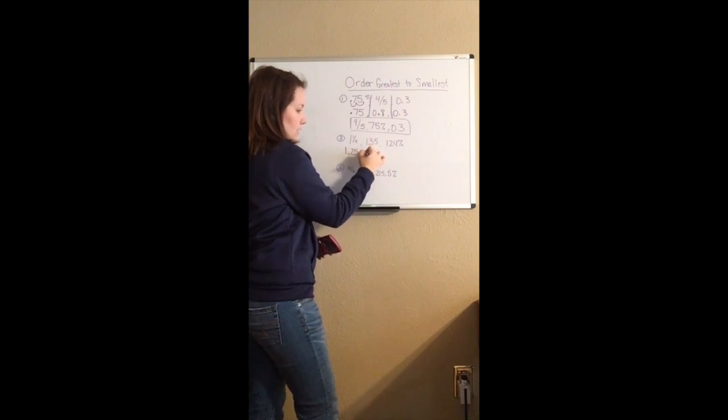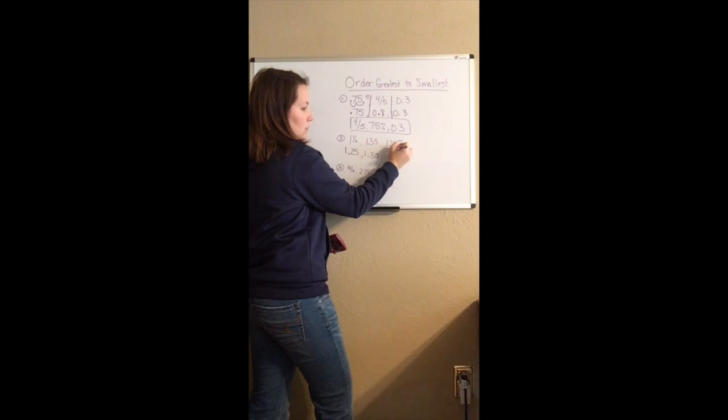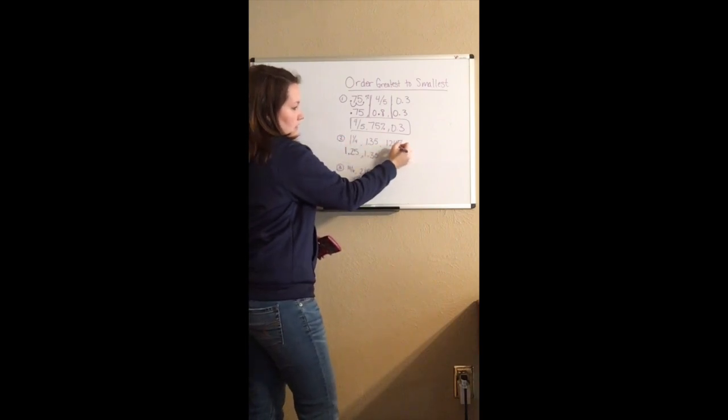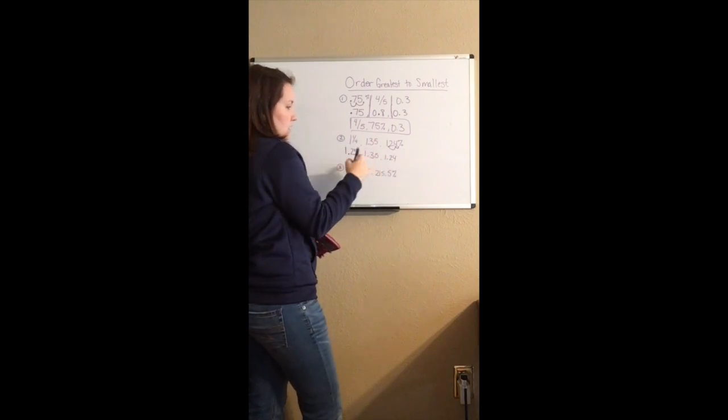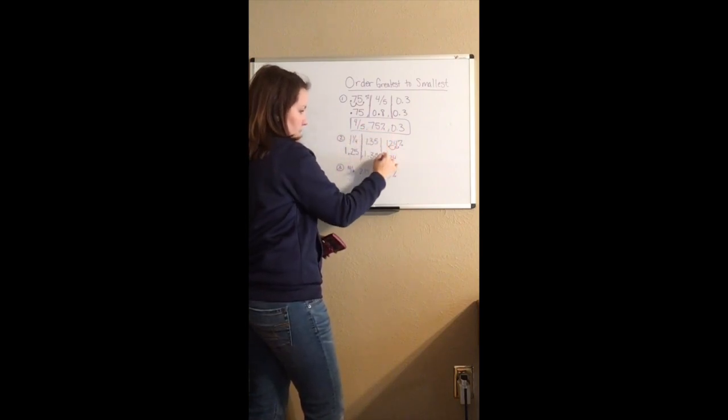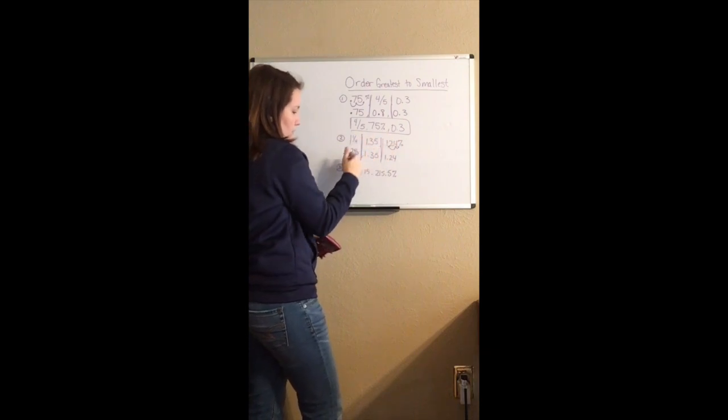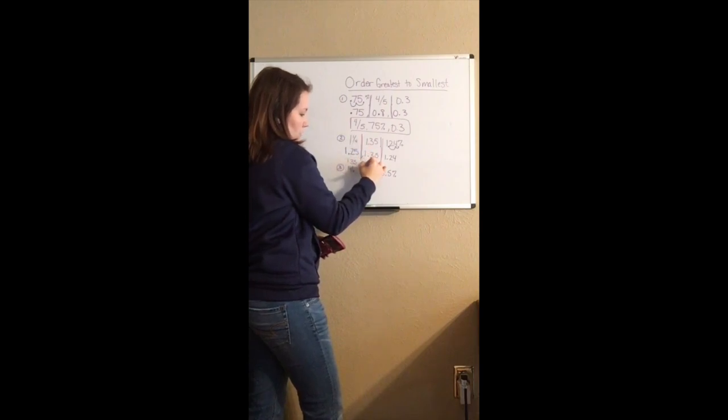I'm going to keep the decimal. And on this one, I'm going to add that decimal point and move it 2 places to the left. So this becomes 1.24. In this case, I have my 1.35 first, my 1 and 1/4, and then 124%.